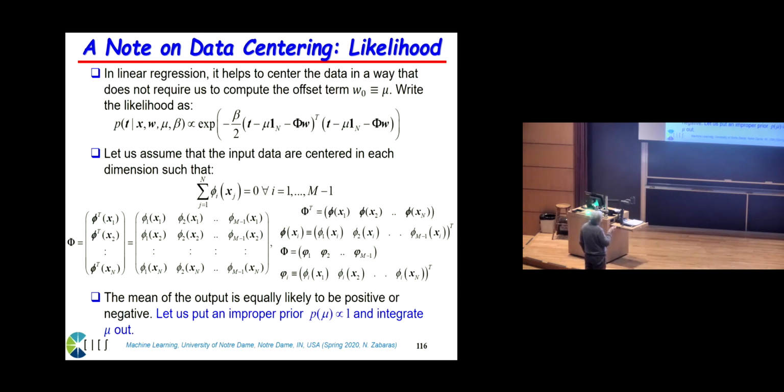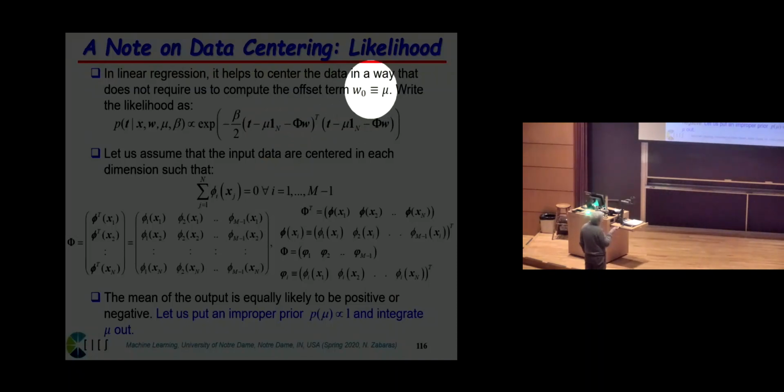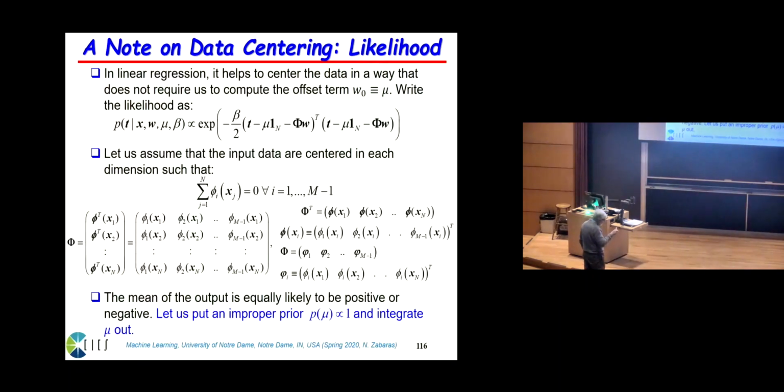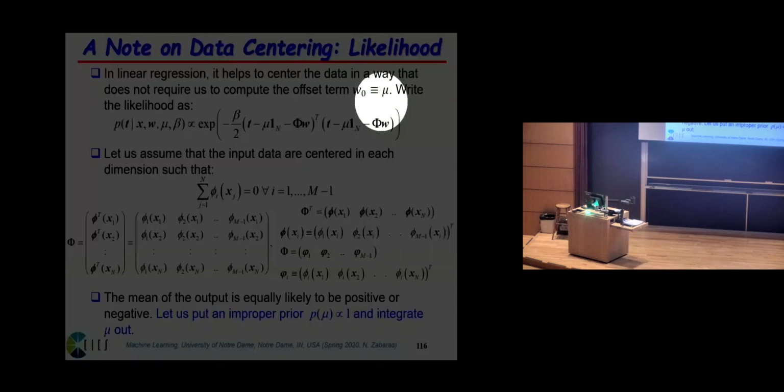So the idea is very simple. This mu, the average of my regression function, we're going to assume can take equally any positive or negative value. So we're going to put a prior on it that is a uniform prior. And then guess what?